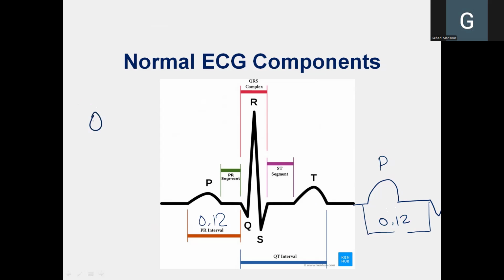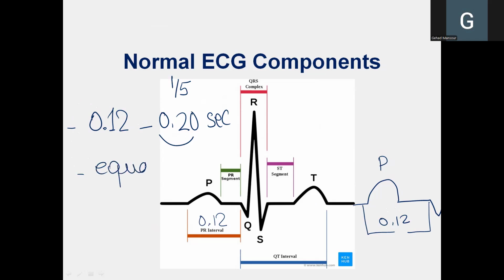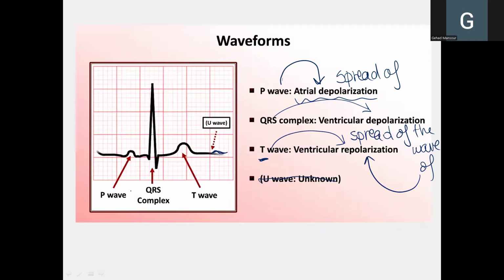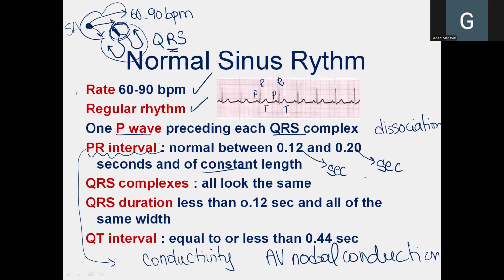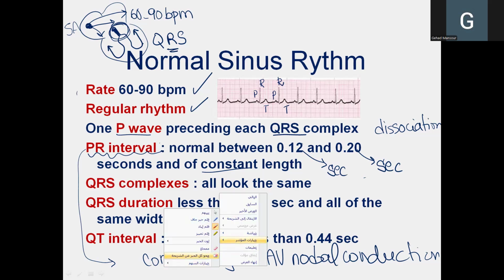The first condition is the duration that should lie between 0.12 to 0.20 seconds. 0.20 seconds is 1/5 of a second, and it should be regular. It should be equal throughout the whole tracing, meaning that there is no change in the activity of the AV node from one cardiac cycle to another.